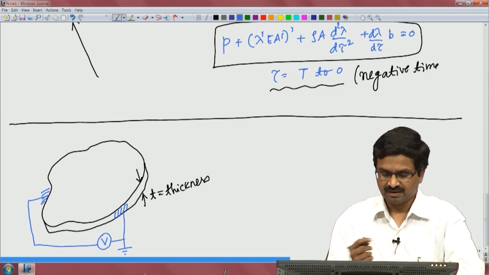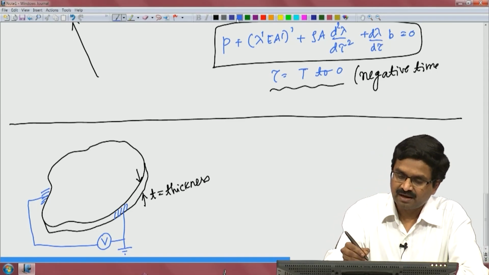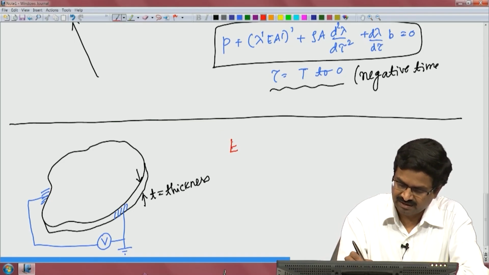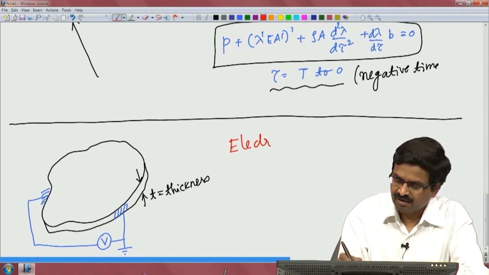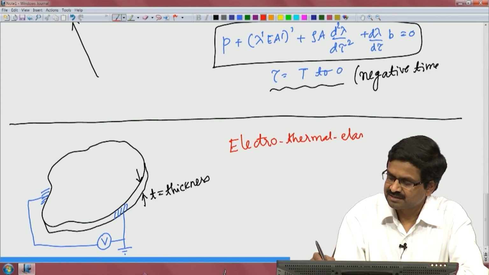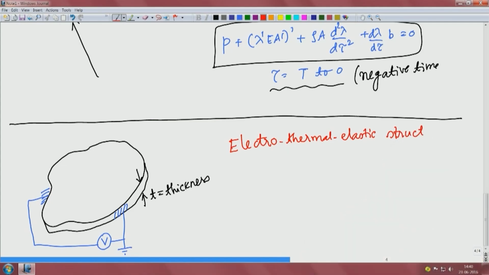This is very common in electrothermally actuated structures. What we are taking now are electro-thermal-elastic structures.